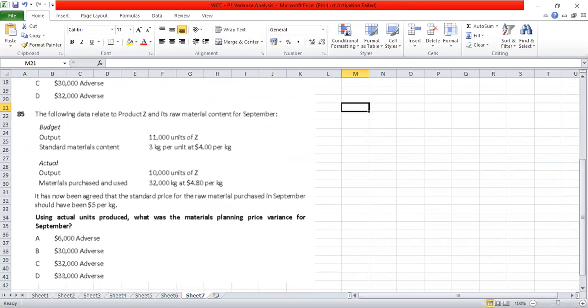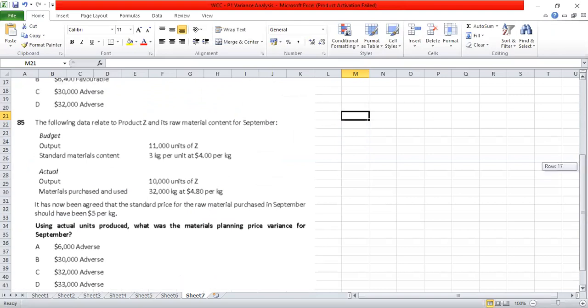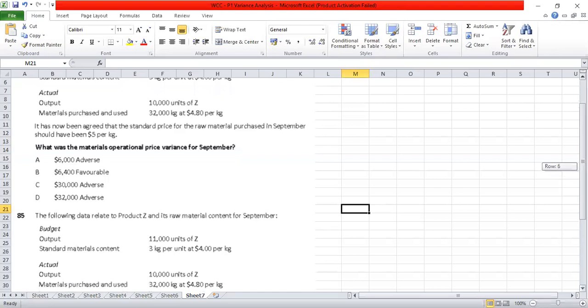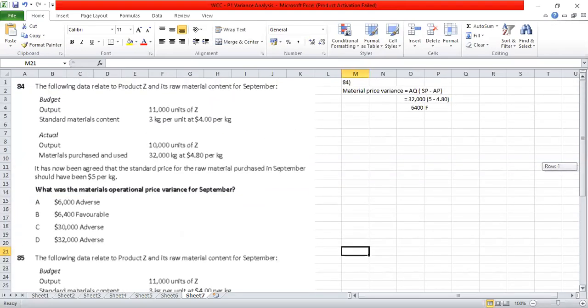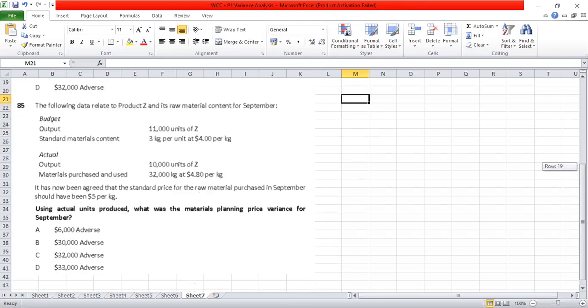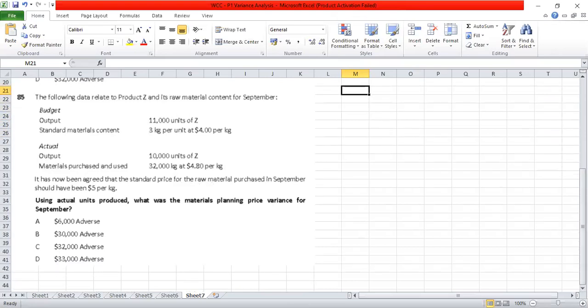Okay, similar scenario, but here it is the material planning price variance. There it was the operational price variance. What would be the difference? The difference in case of prices, what initially we thought to be 4 per kg, now happens to be 5 per kg.